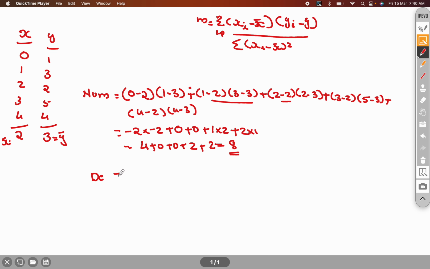Now we need to calculate the denominator. The denominator is the summation of xi minus x bar whole square.